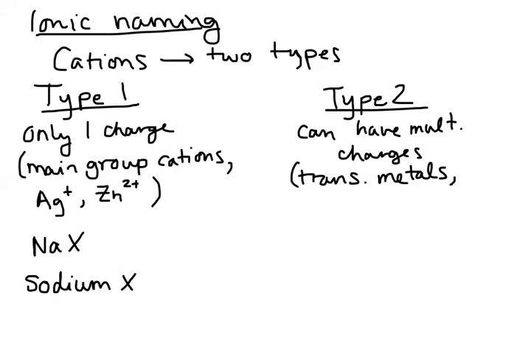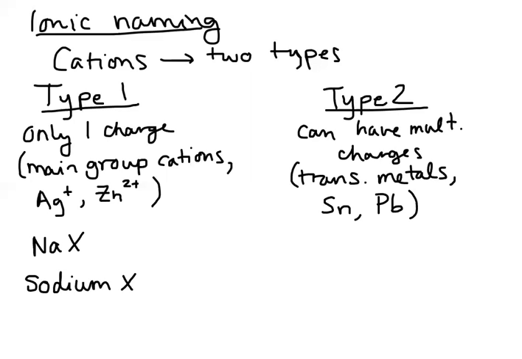Tin and lead can have multiple charges. So those are the 2 main group elements that are type 2 cations. And if you look at your periodic table, you'll notice that tin and lead are in that column that you don't know the charge for. It depends. So basically, a type 2 cation is any cation that, if you looked at the periodic table, you'd be like, I don't know what the charge is, because you don't have those trends. The only exception to that is silver and zinc.